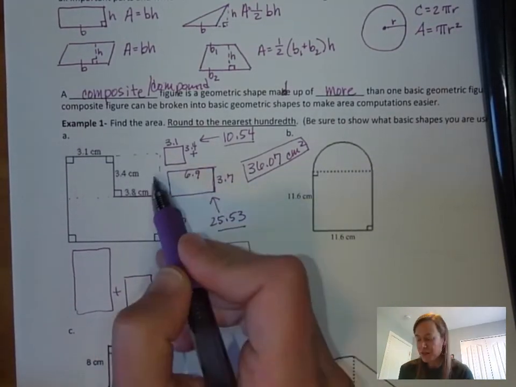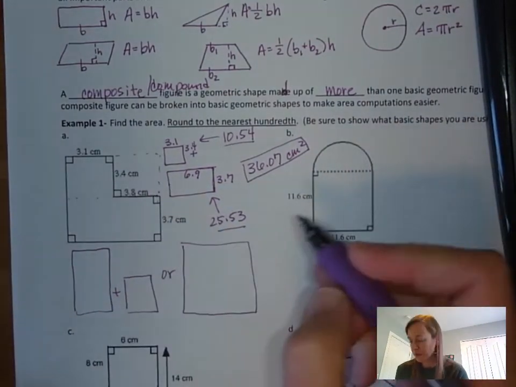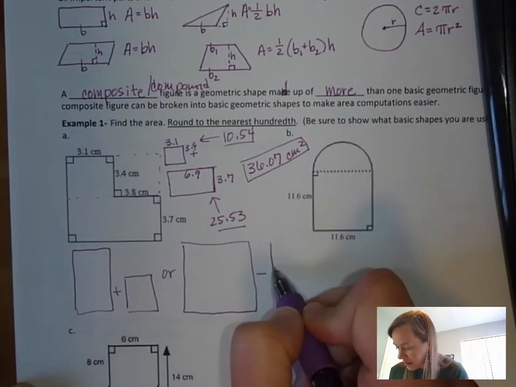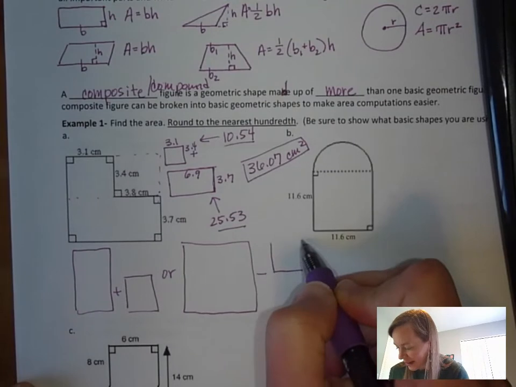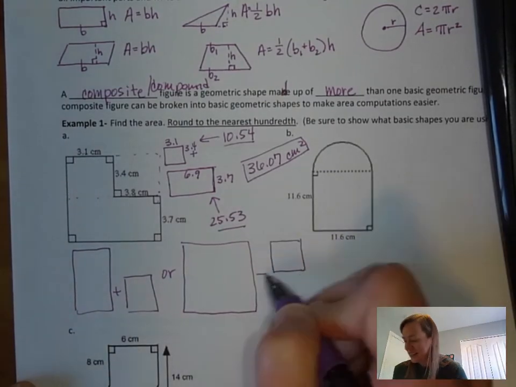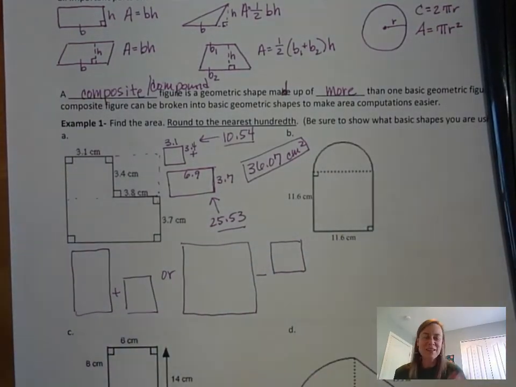And then you would have to subtract out this missing part. So I'm going to do big square minus, and it's not a square, it's a rectangle, isn't it? Minus the little rectangle. That would also give you the correct answer. I'm not going to show you, but feel free to play with those on your own. Or, well, we're not doing an assignment today, but when you get to tomorrow's, then you can definitely try out different things if you want. Let's go on to part B.